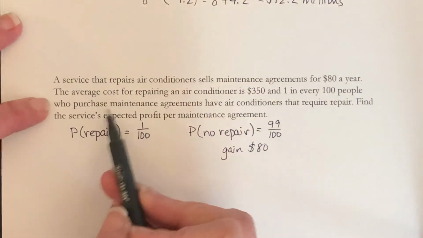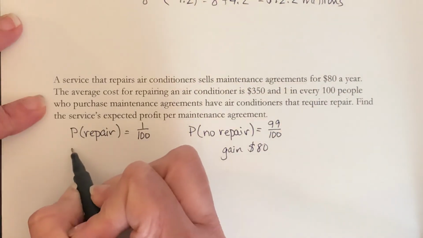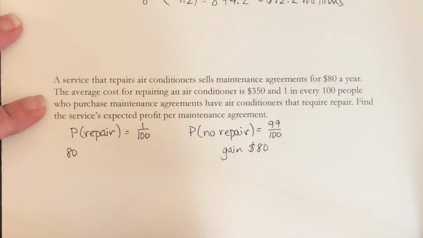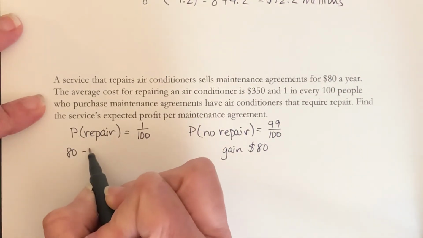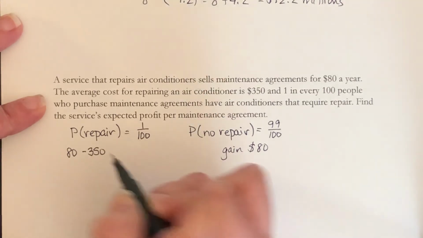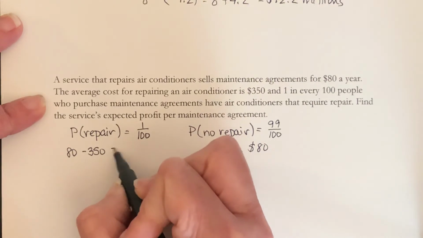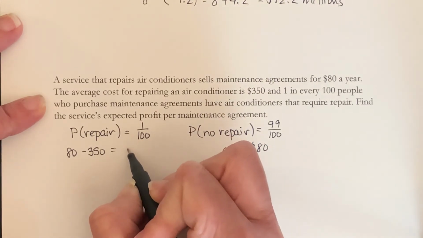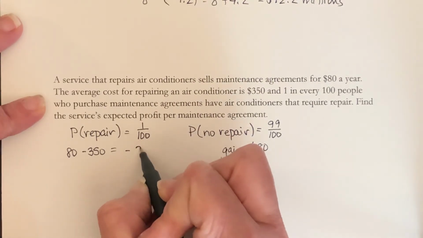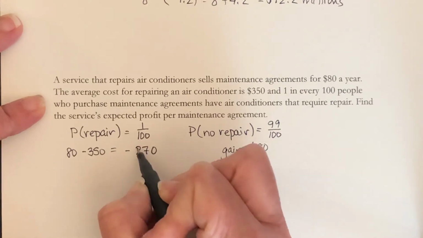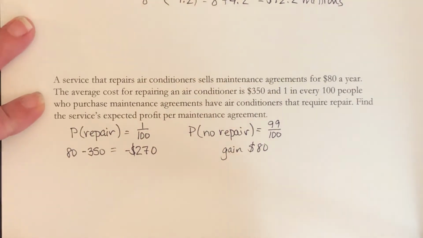Okay, but if they do have to do a repair, then they have that $80 that they brought in, but then the company has to spend $350 to make the repair, which means that they end up being $270 out of pocket on that particular situation.